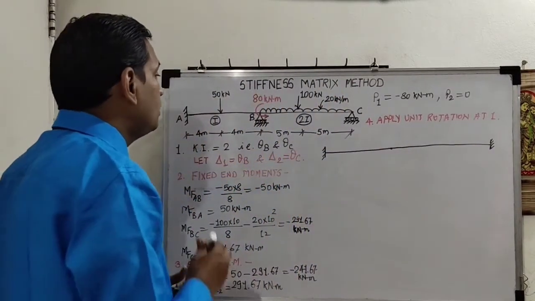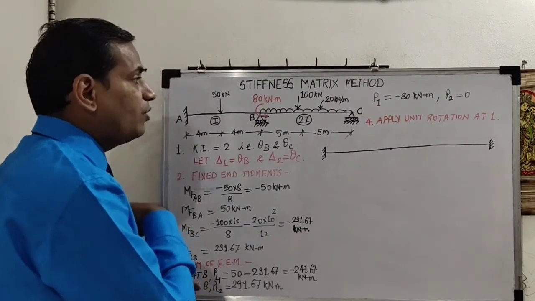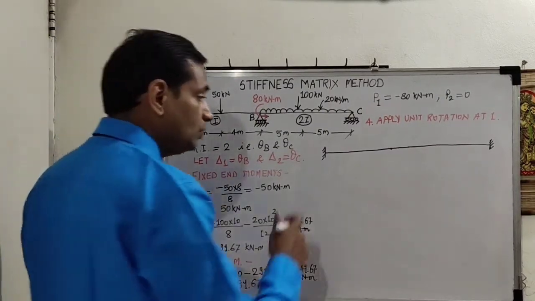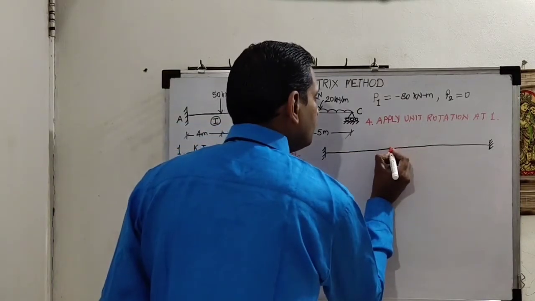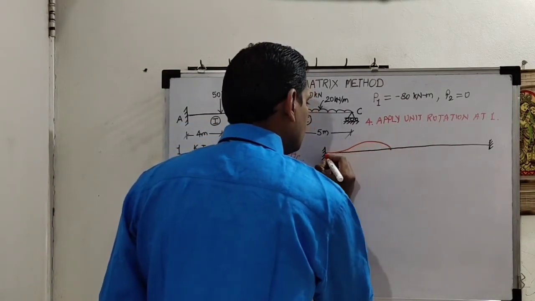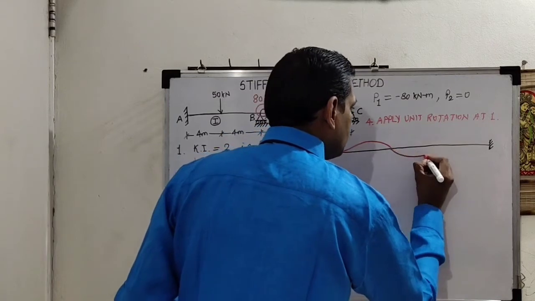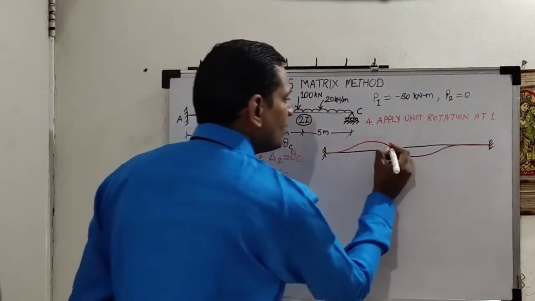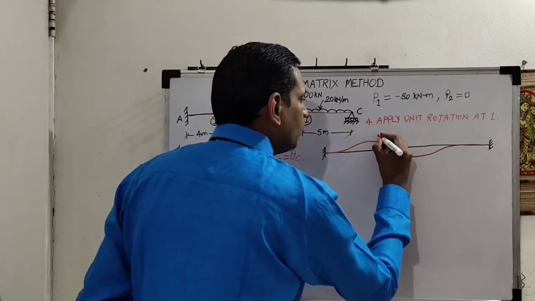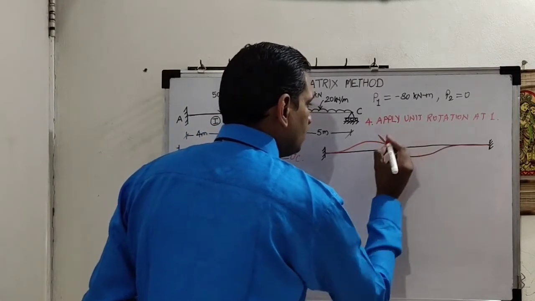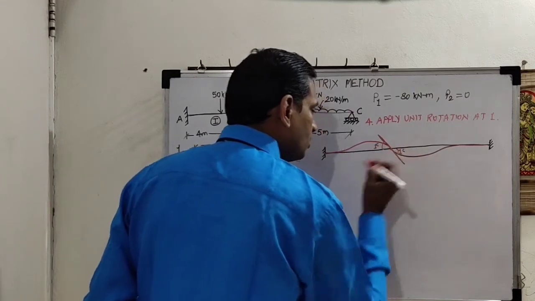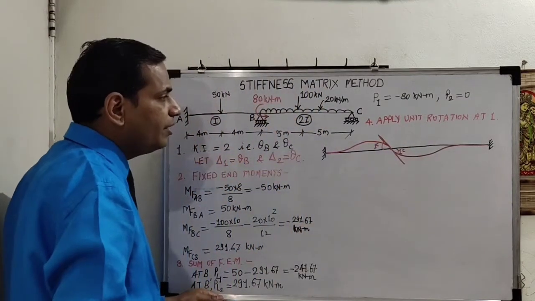So now unit clockwise rotation at 1. So we will draw now deformed shape of the beam. So this will be deformed shape. So this is 1 radian rotation, rather, not degree.